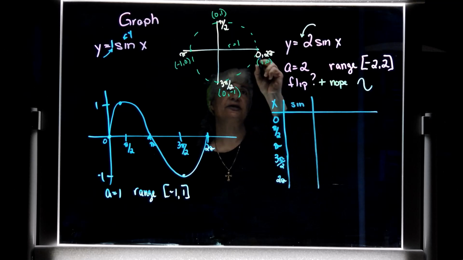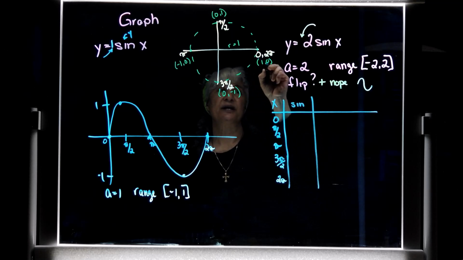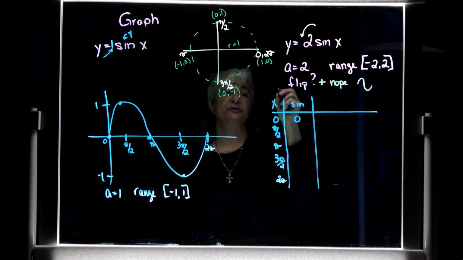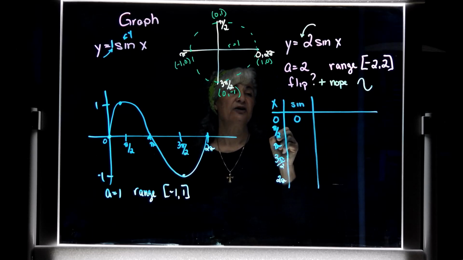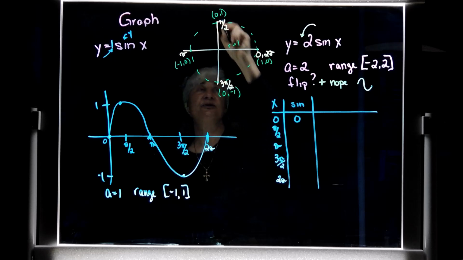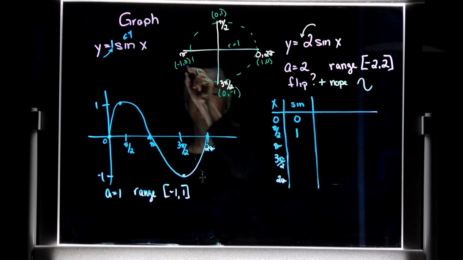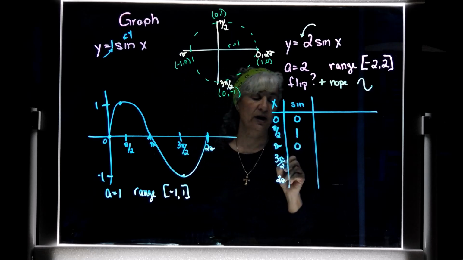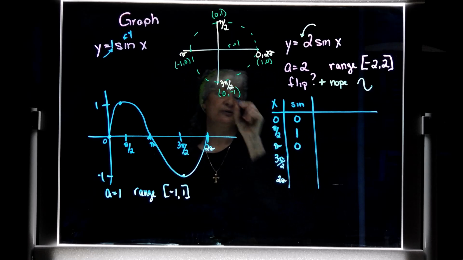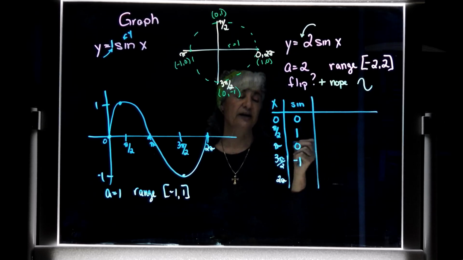So sine at 0 radians, remember, that's the y-coordinate. That's 0. Pi over 2, what's the sine at pi over 2? Good, 1, because that's the y-coordinate. At pi, 0 again. At 3 pi over 2, negative 1. Back to 2 pi, 0.